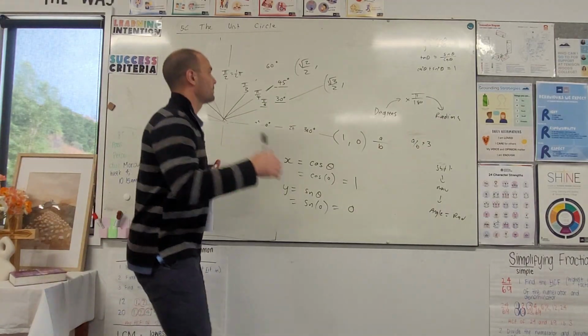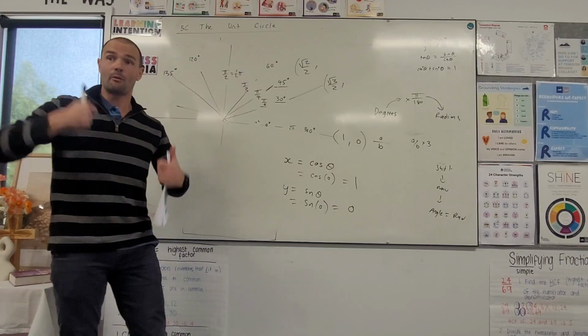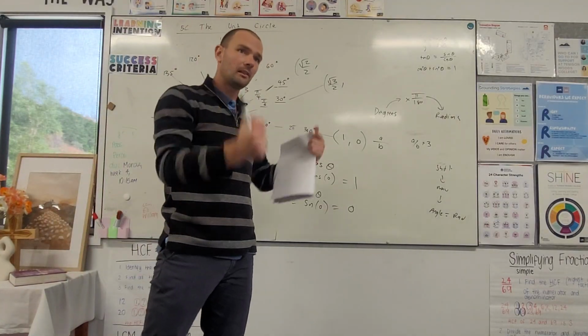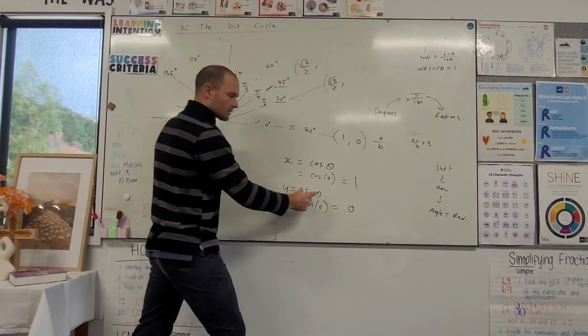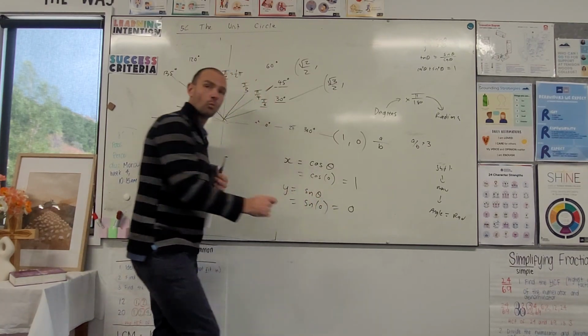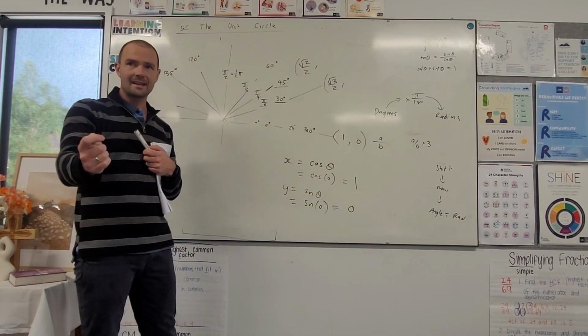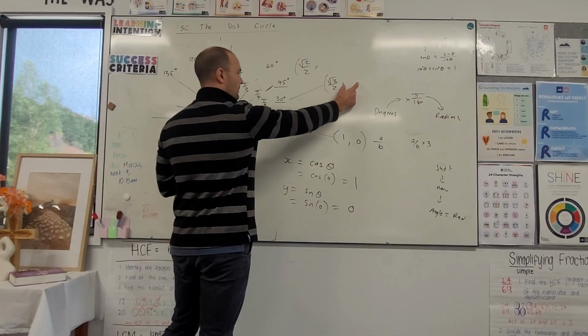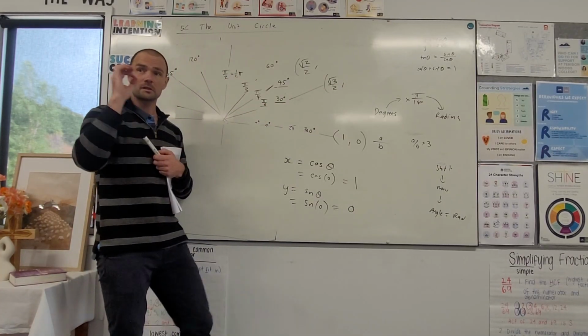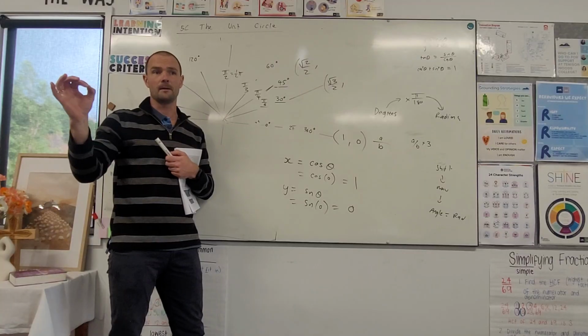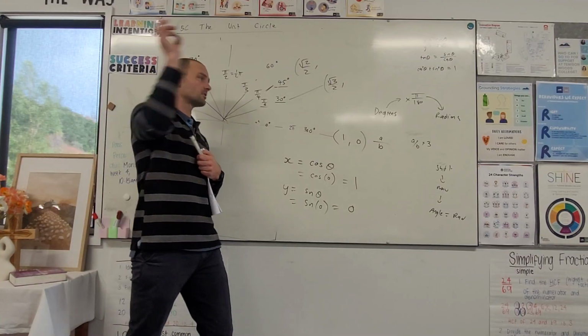So let's suppose we've done the x and now we're moving on to the y values. Well, we know y equals sine of theta. We've changed our angle to radians. Okay, so I'm up at 30 degrees, which is the same as pi on 6. I'm not going to put sine 30 in my calculator because I've changed the setting to radians.